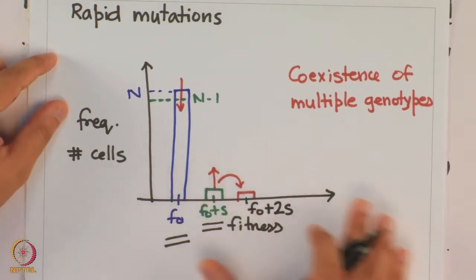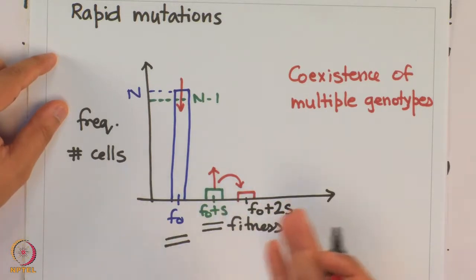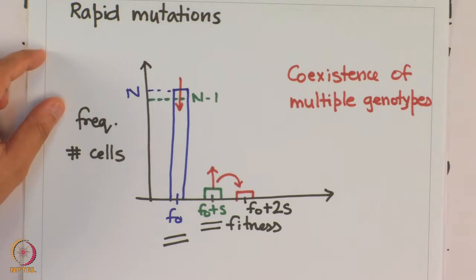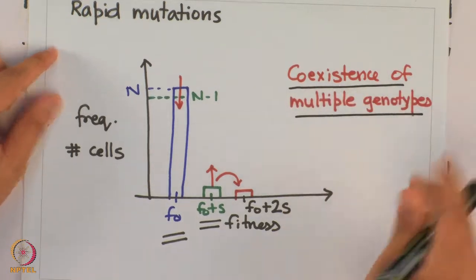And what that eventually results in is coexistence of these three genotypes, and the story keeps on repeating itself, and you have newer genotypes arising while the older ones are being removed continuously by selection. And what this leads to is this coexistence of multiple genotypes.